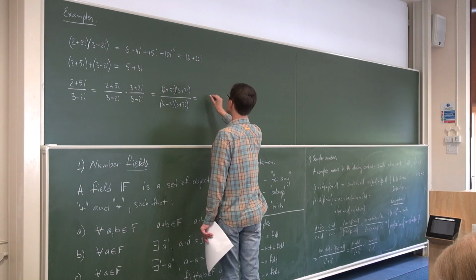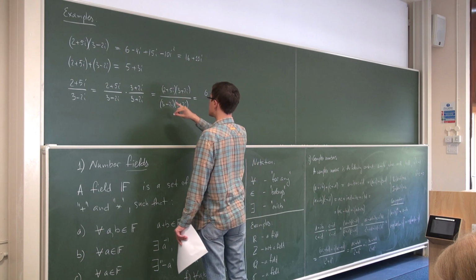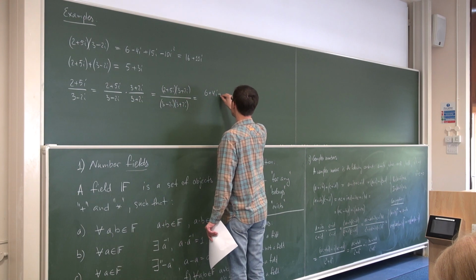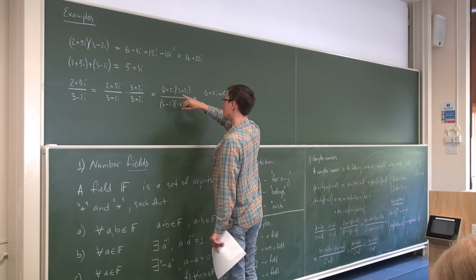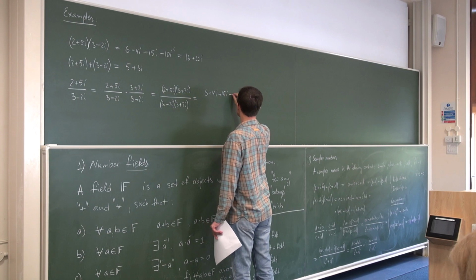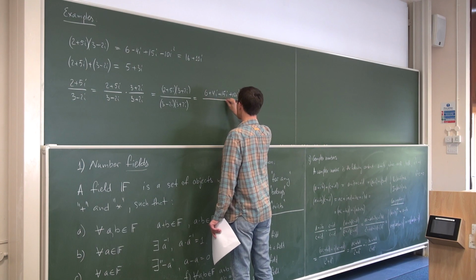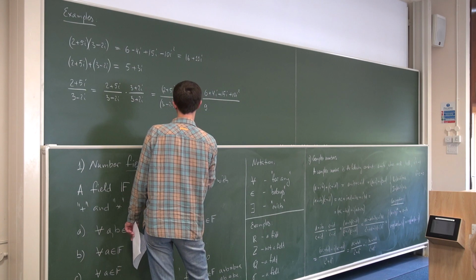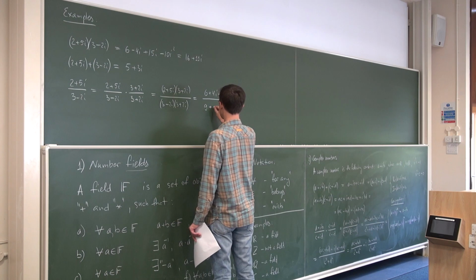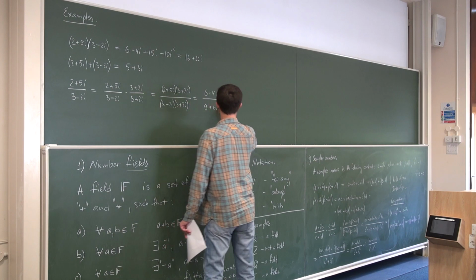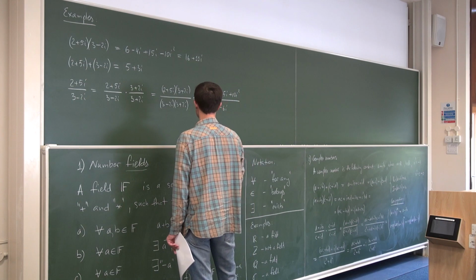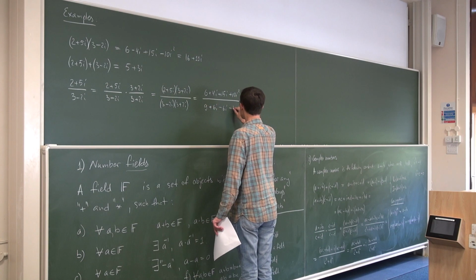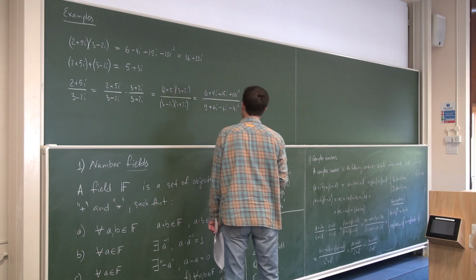Just opening the brackets here. 6, so 2 times 3, plus 4i, plus 15i, plus 10i squared, over 9, 3 times 3, 3 times 2i, you've got 6i, minus 2i times 3, minus 6i, so the imaginary part cancelled, and then minus 4i squared, which is just plus 4.